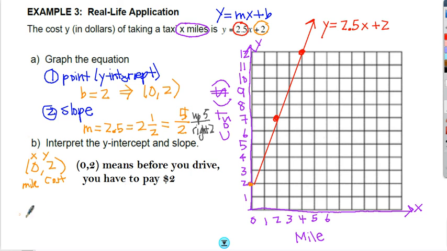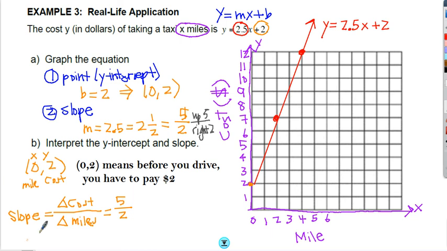Now the next part is the slope. And slope is always change in y over change in x. And our y value is the cost, so this one is change in cost, and the x is miles, so you have change in miles. And our slope is 5/2. So that means for 2 miles, you're paying $5, right?